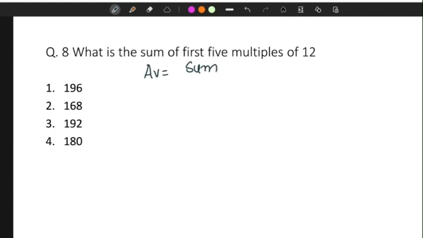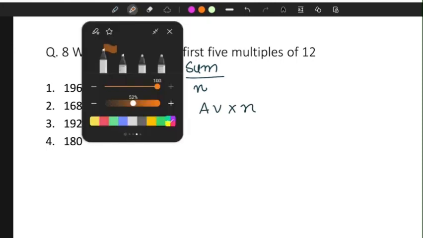In the given question, we have to find the sum of the first 5 multiples. We can find it out. How? The sum will be equal to average into n, that is the total number of values or observations. That is using the formula of an average.